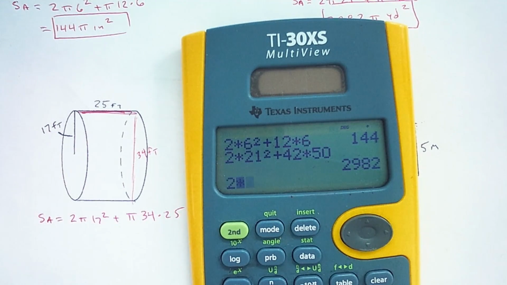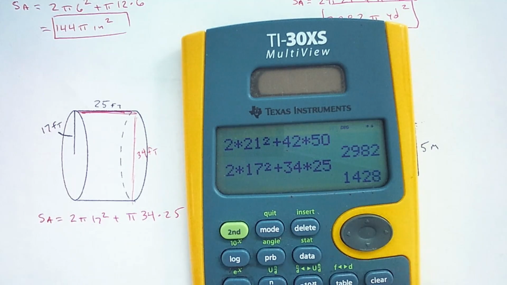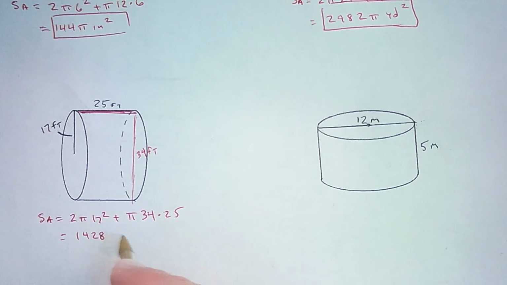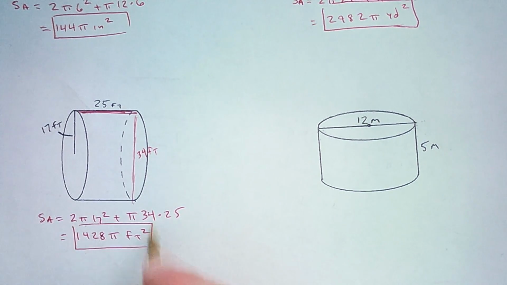So we have 2 times 17 squared plus 34 times 25, and that is 1,428. So our surface area is 1,428 times pi feet squared.